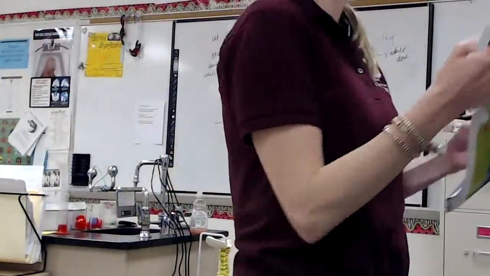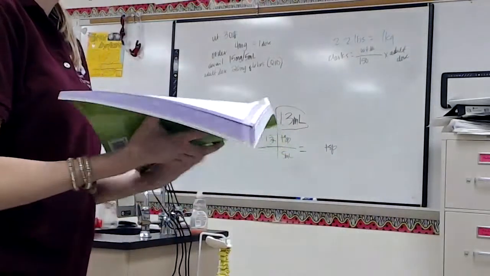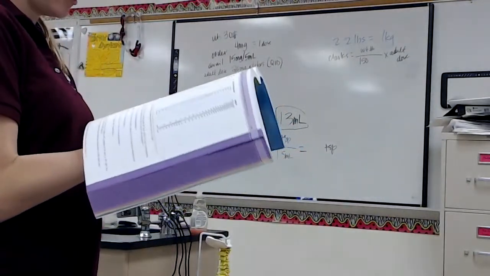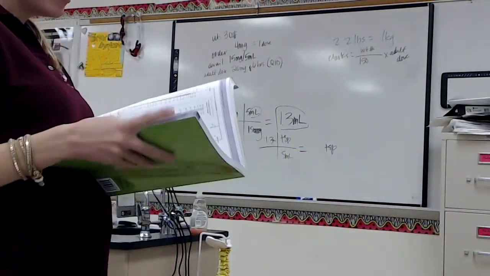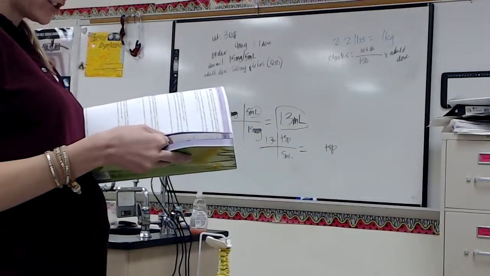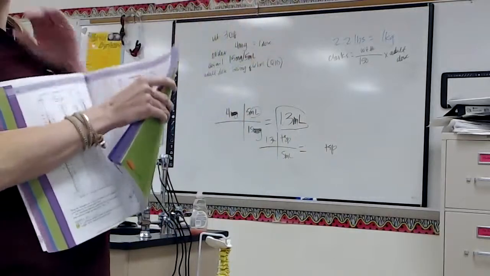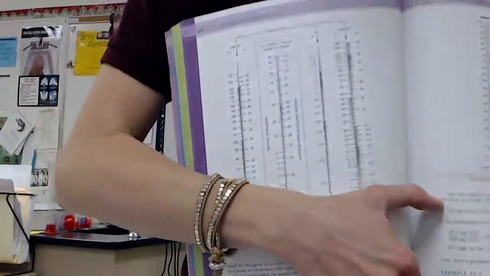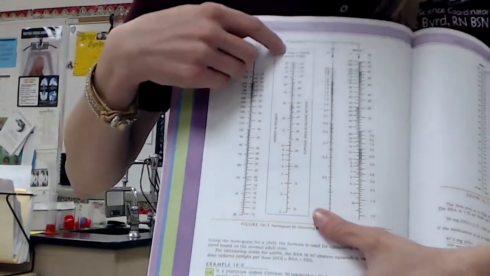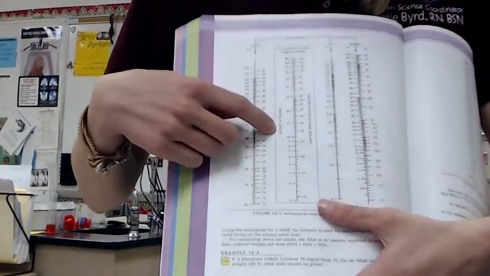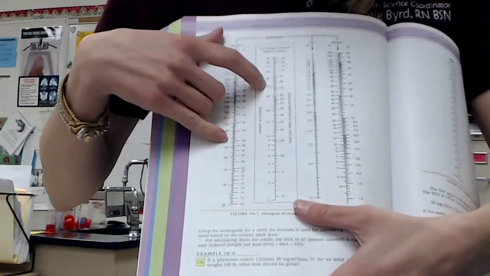Okay, so that's how you find body surface area using this nomogram. That's all you do, just draw a line between those two and then find the surface area on that chart. Now, notice number 4 says a child is a normal height for 40 pounds. That means if their height is average for their weight, then you can use this box in the middle. And if you look on here, it just has their weight. So their weight in pounds is 40. Here's 40.